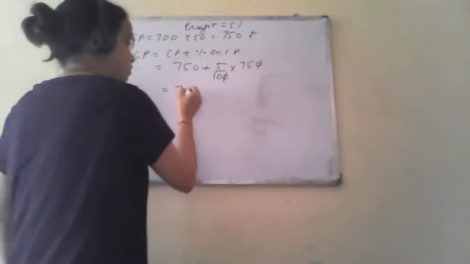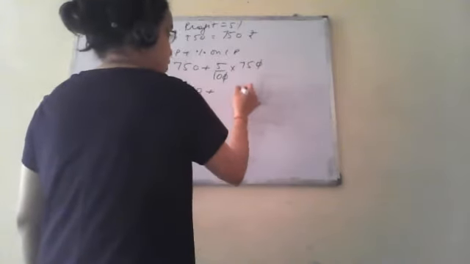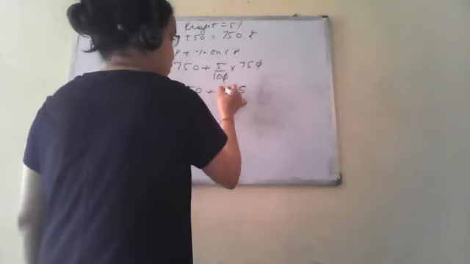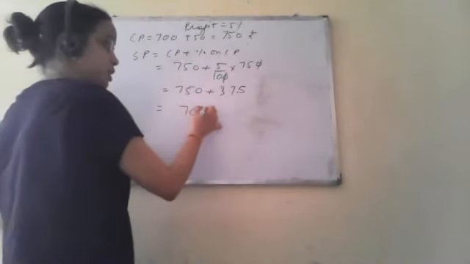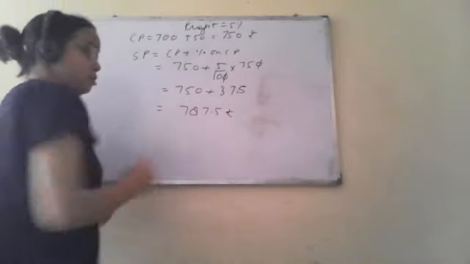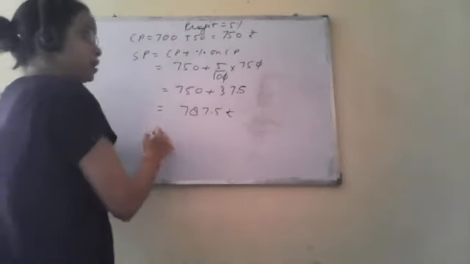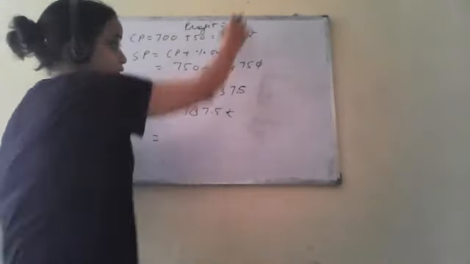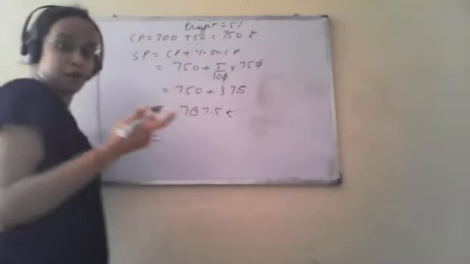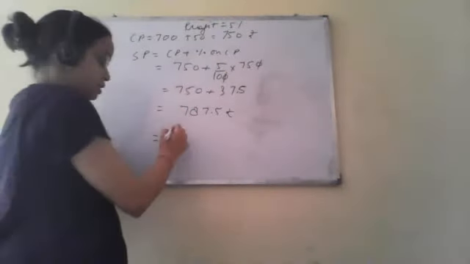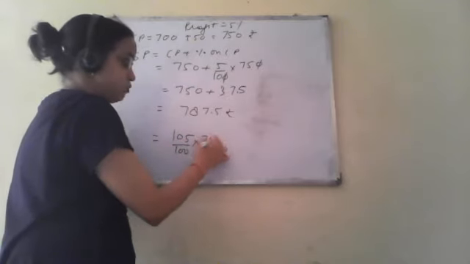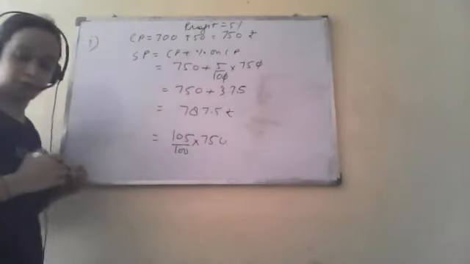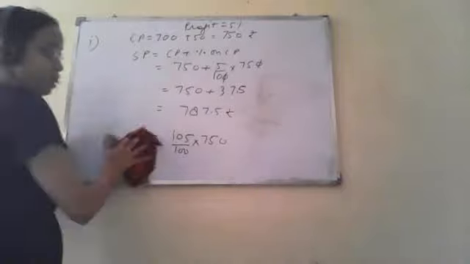This is 750 plus 37.5, so it comes out to be 787.5 rupees. Or you can directly calculate it: this is percent profit, so we add 5 to 100, that is 105 upon 100 into 750. You can calculate directly as well. It's up to you how you want to check things.